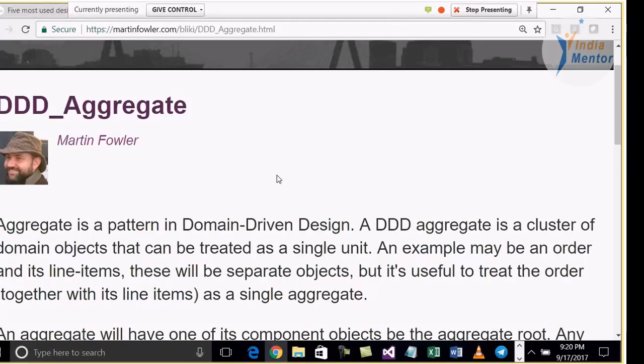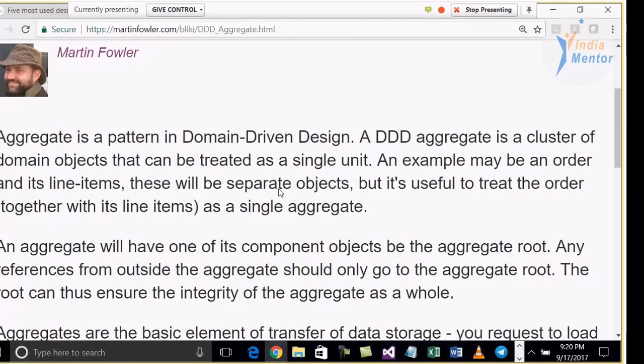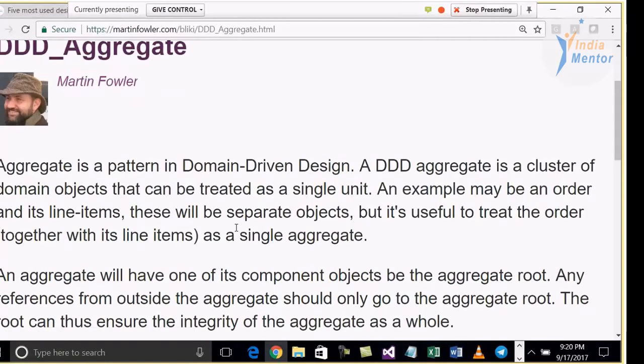Okay. So I've come across here the Martin Fowler site. Again, some of the important points here. Whenever you are learning architecture and patterns and so on, let me make 2 distinctions as you learn, it's important. One is the person who has created the design pattern or identified the design pattern.